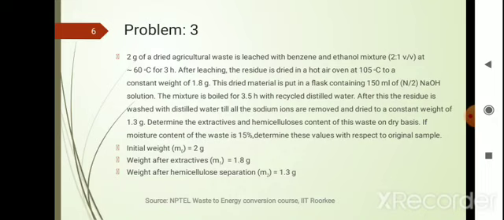Initial mass M0, after the extractive test, the mass is reduced to 1.8 gram. Then again after hemicellulose separation, it is reduced to M2, that is 1.3 gram. The only thing is we have to just substitute into the corresponding equation.